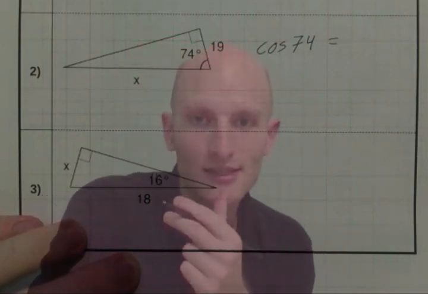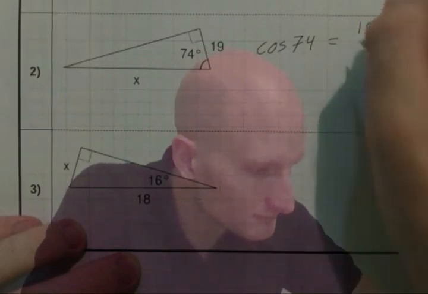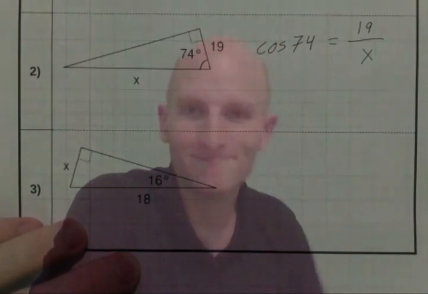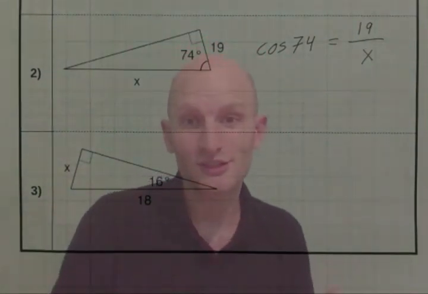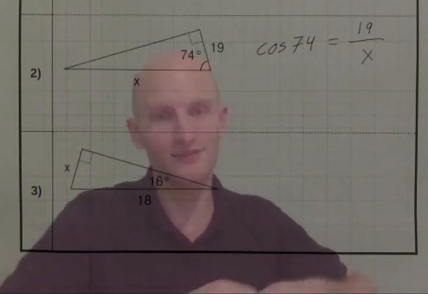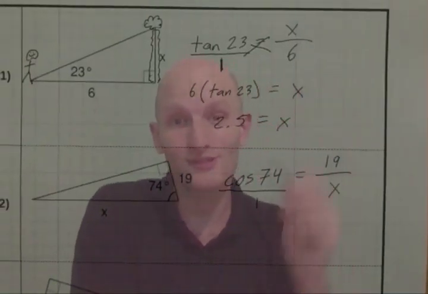Okay, so which one is the adjacent, did we say? 19, right? And then hypotenuse is x, right? So what do we do to find x? Once again, we need to make both sides a fraction, right? So, boom. Now, remember, on number 1, we had x on top, so that was super easy.